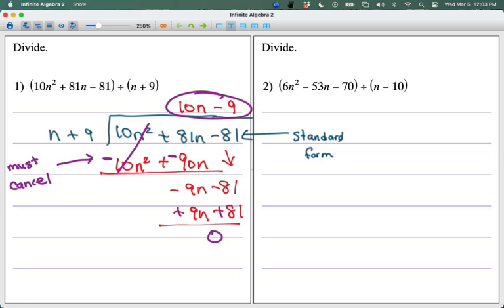Let's do another one. We're going to put this underneath the division. The first one goes here.